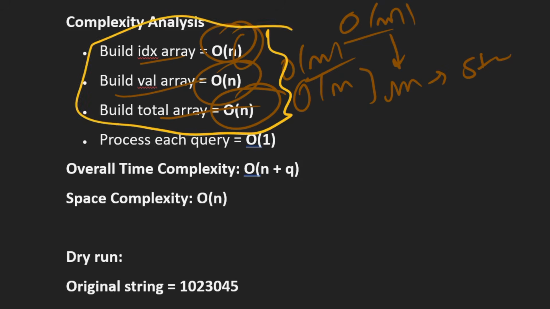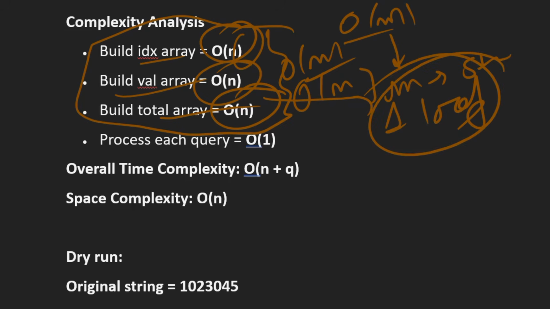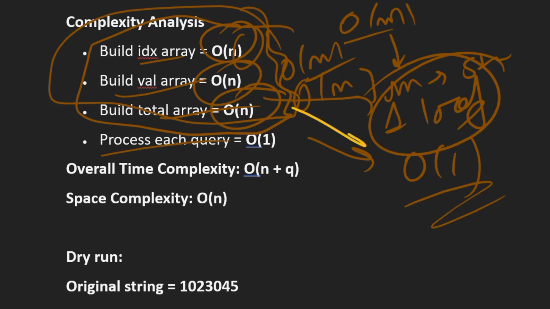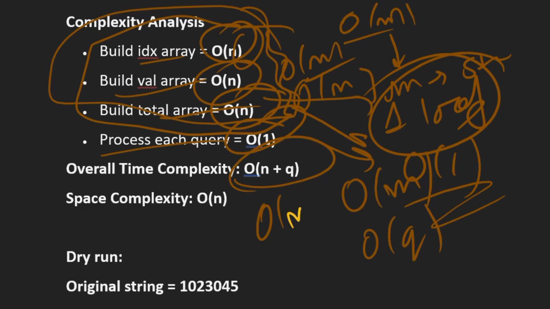We build all these three in one loop, and then we process each query. Each query will take big O of 1 time. So overall, these three arrays will be built in big O of m, and answering q queries will take big O of q. So the total time complexity is big O of m plus q, and the space complexity is big O of m.